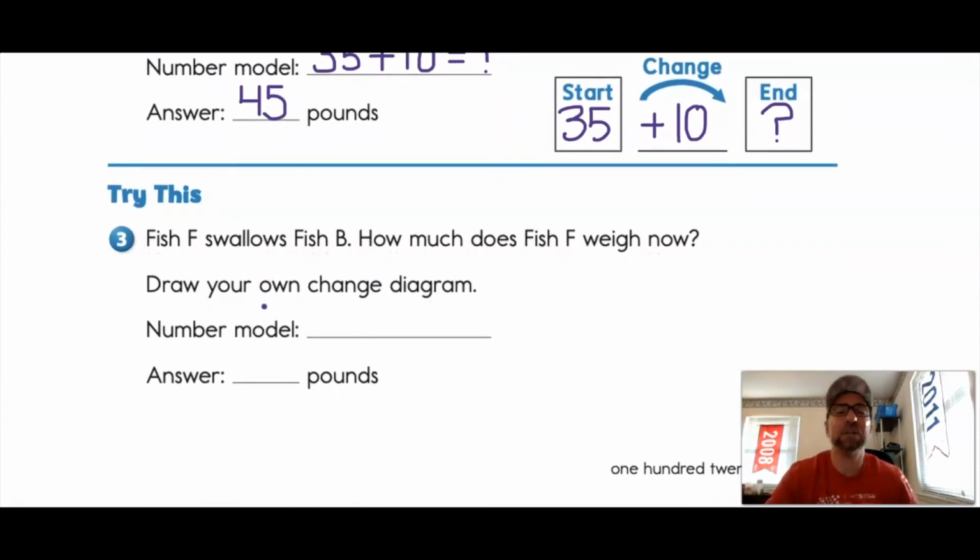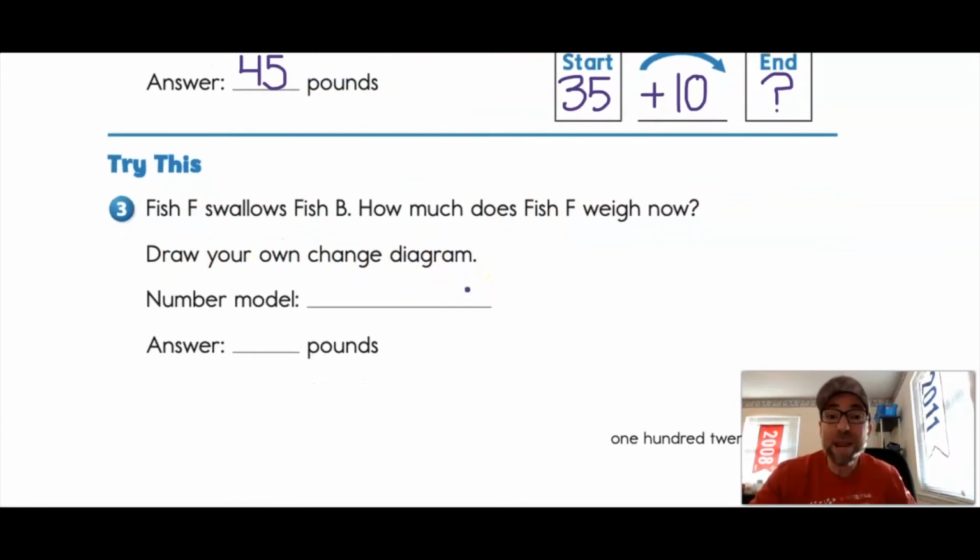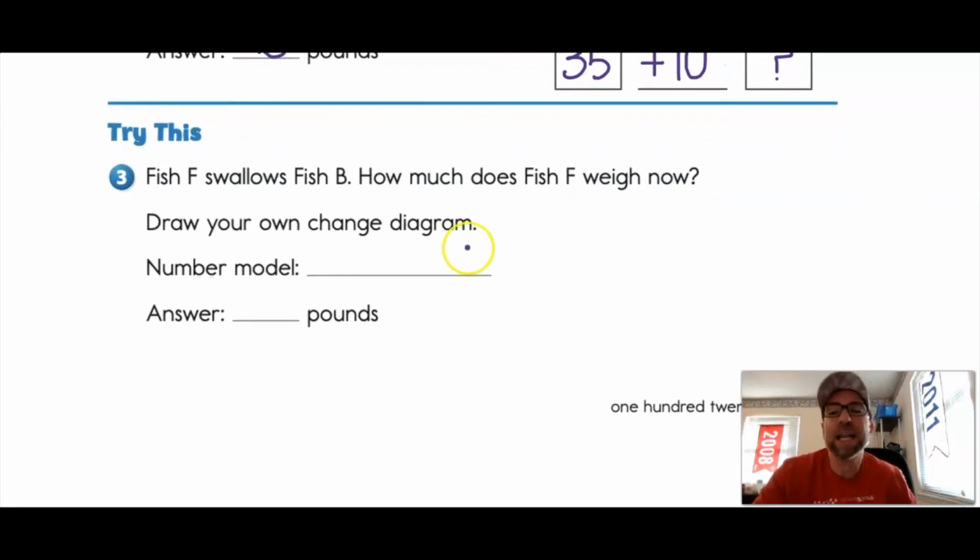Now the last one is called a try this. That means it's a little bit harder, but this one isn't too hard. Here's why. The problem is very similar to what we just did. Fish F swallows fish B. How much does fish F weigh now? Draw your own change diagram. So we have to draw our own start, change, end in our journal. Let's go ahead and do it.